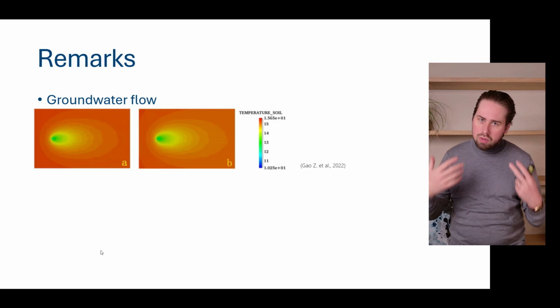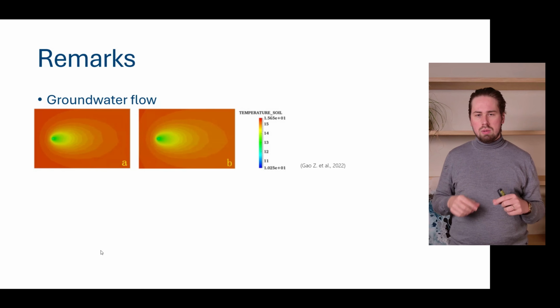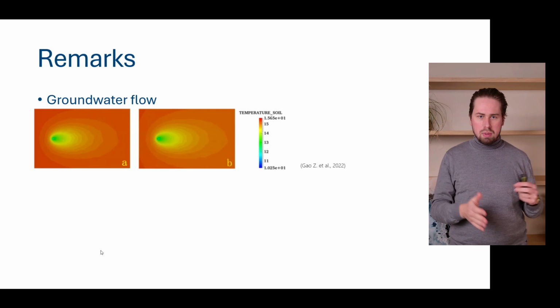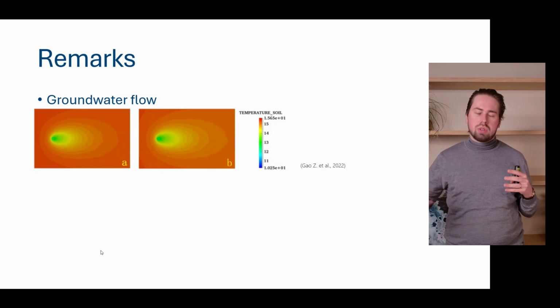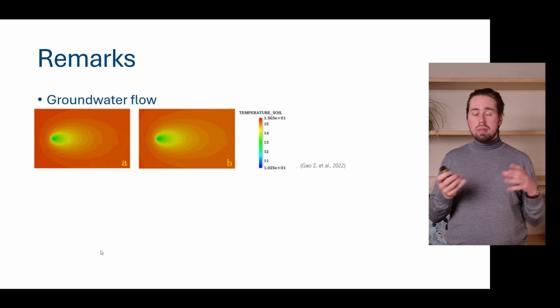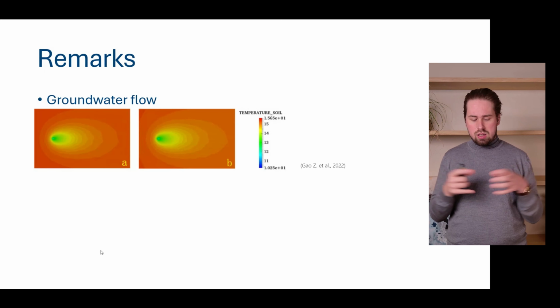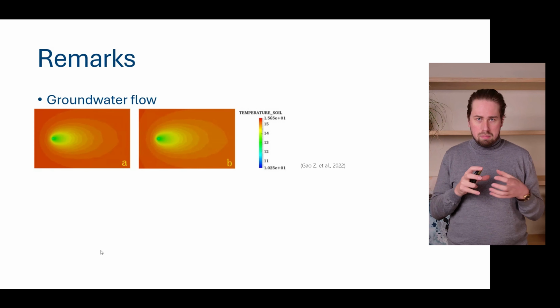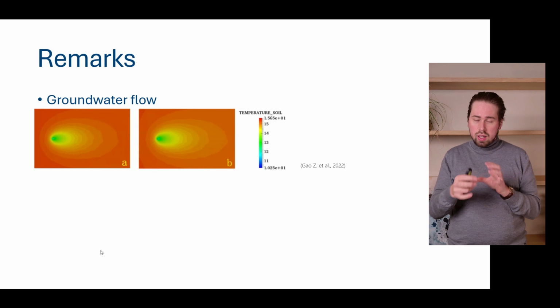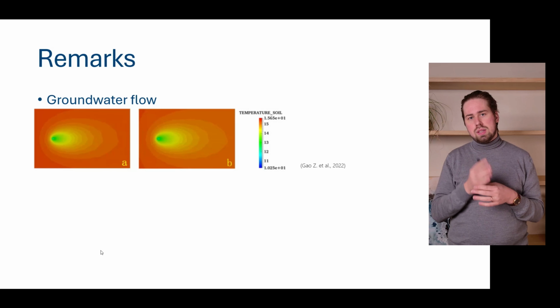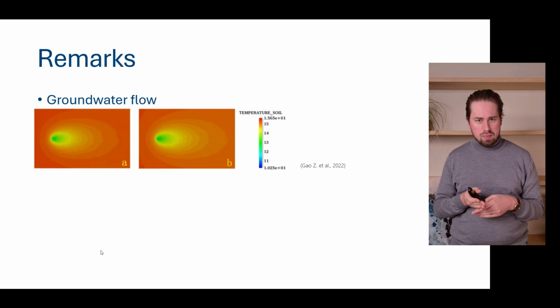So if you want your imbalance to go away, you place all your boreholes perpendicular to the flow so most of the heat can get away. If you want to keep everything as close as possible, pack your boreholes really dense and orient them in such a way that the influence of the groundwater flow is minimal.